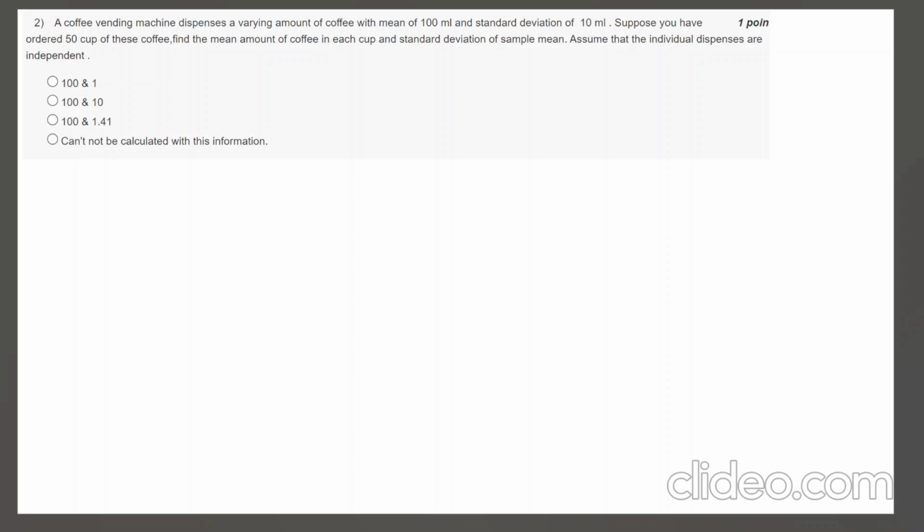Find the mean of the coffee in each cup and the standard deviation of the sample mean. Assume the individual dispenses are independent.